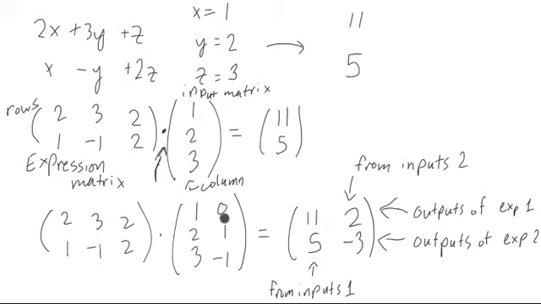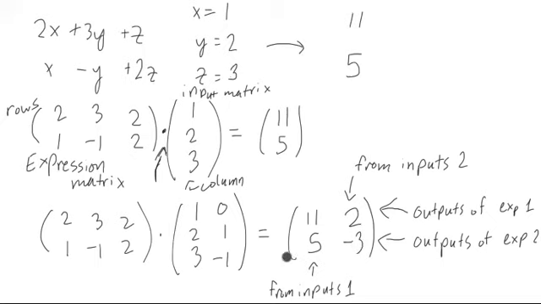But wait, we have another set of inputs. We plug these into both expressions. So 2 times 0 plus 3 times 1 minus 1 gives us 2. Plug it into the next expression. 0 minus 1 and then minus 2 gives us negative 3.